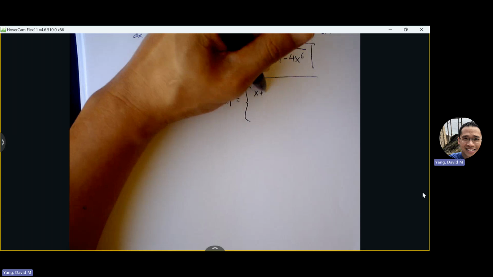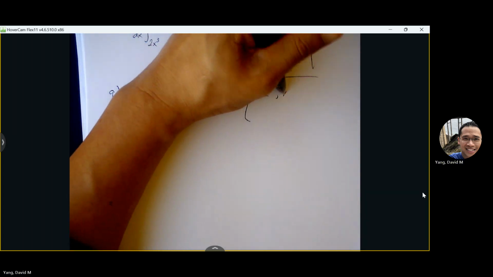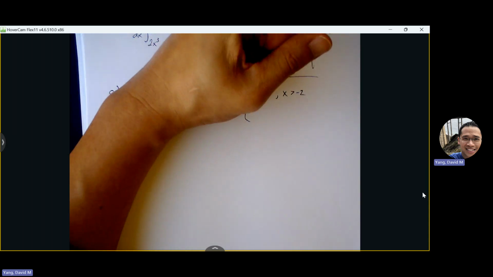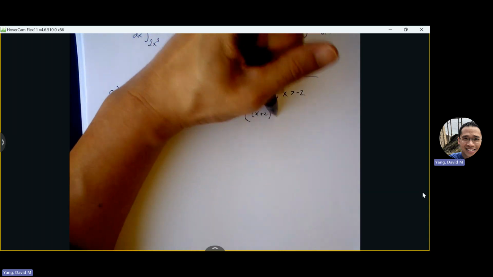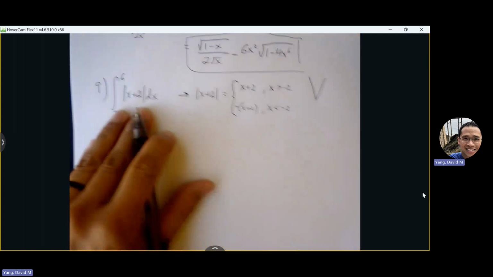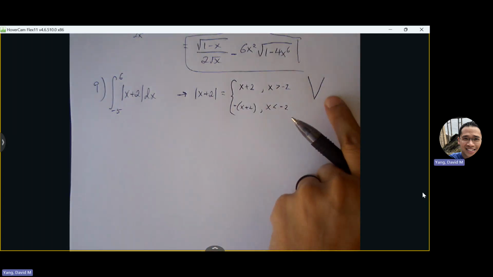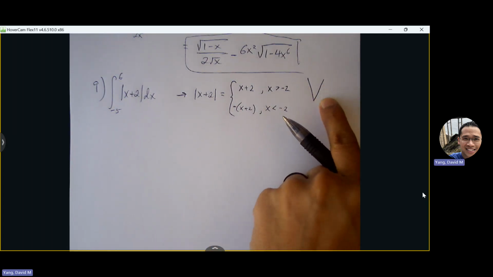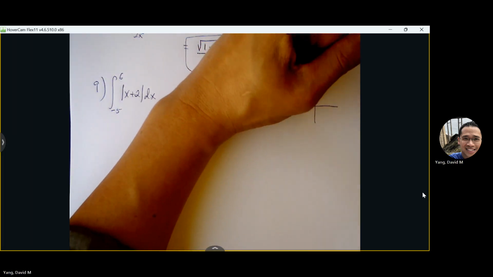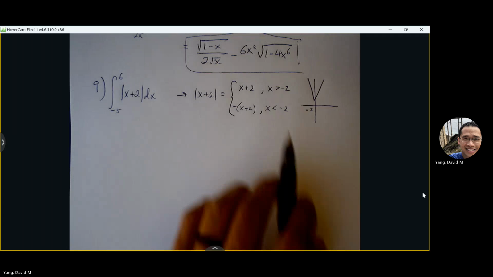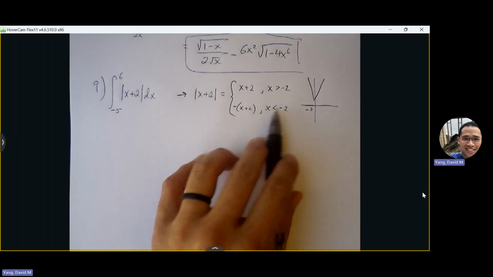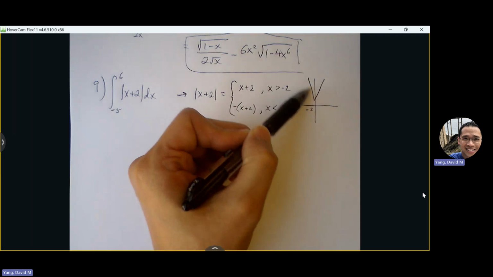You've got x plus 2 to the right of negative 2, and then you have negative x plus 2 to the left of negative 2. The graph basically looks like this. There's a part with a positive slope to the right of negative 2, and the part to the left of negative 2 has a negative slope.